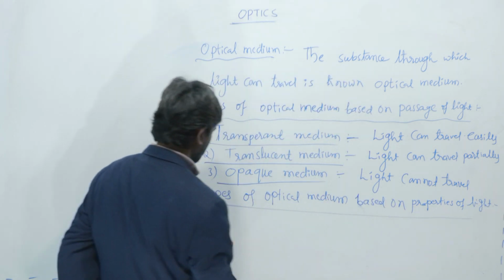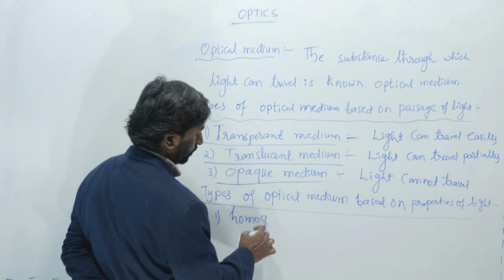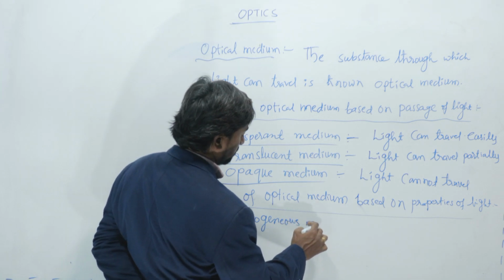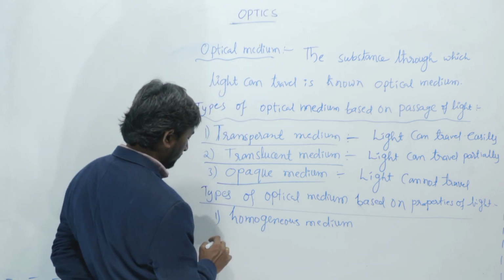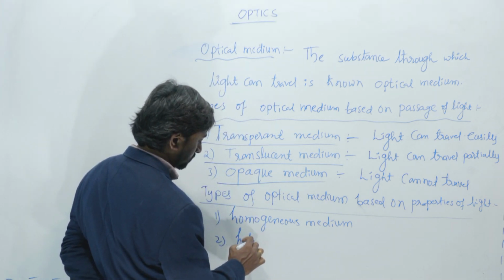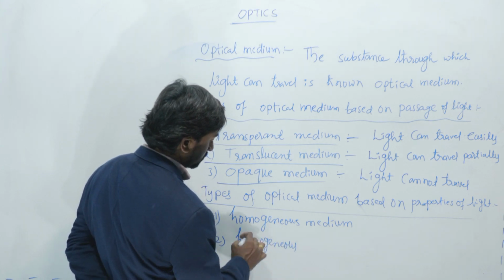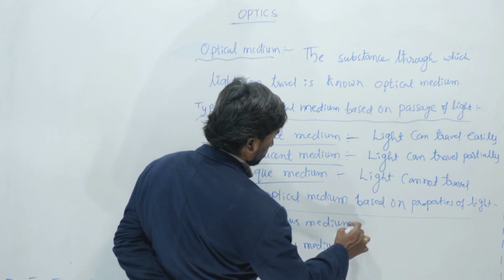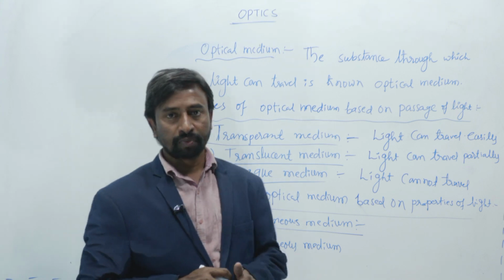The first one is homogeneous medium, homogeneous substance, and the second one is heterogeneous medium. So a homogeneous medium is the medium or substance through which, throughout the medium, the light will exist at every point with the same properties.